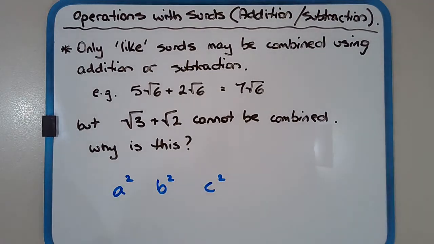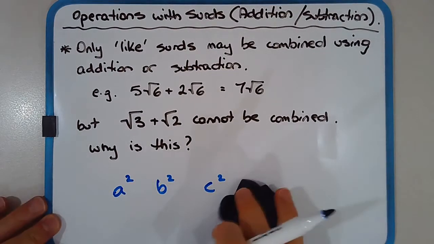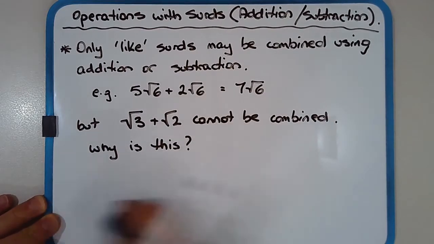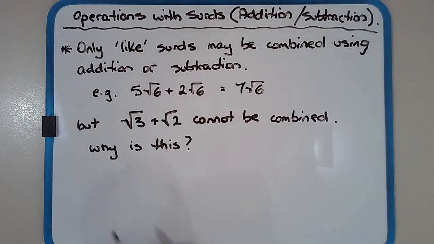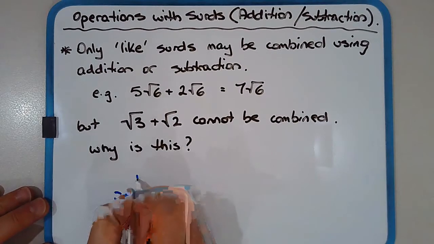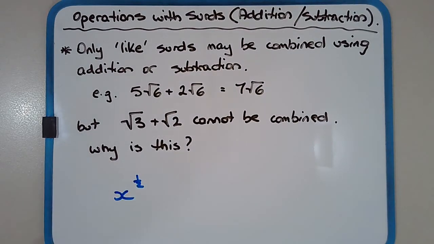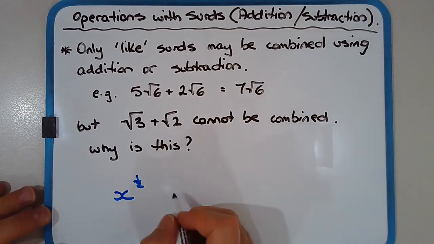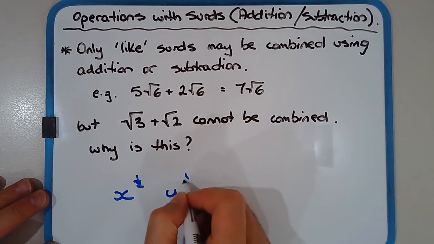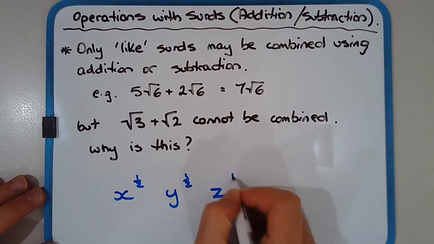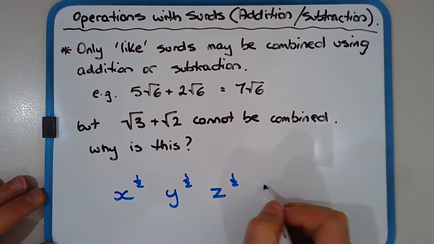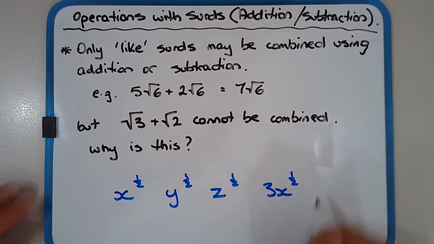So for a term to be considered a like term, both the bases and the indices have to be identical. It doesn't matter what the index is, as long as the indices are the same. So y to the power of half, z to the power of half, and 3x to the power of half.